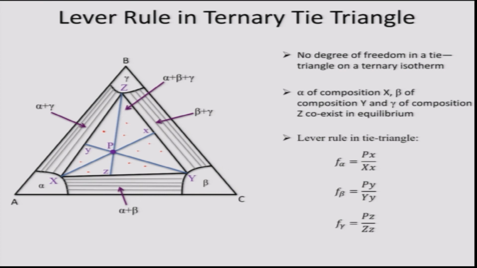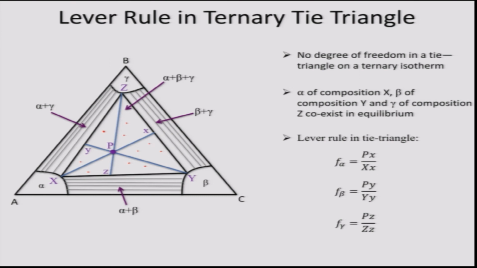The corners of the triangle represent the equilibrium compositions of the three phases. The only thing that changes with alloy composition within this triangle is the phase fraction. With change in alloy composition within the triangle, the phase fractions of the three phases will change, but the compositions of the phases will stay the same.